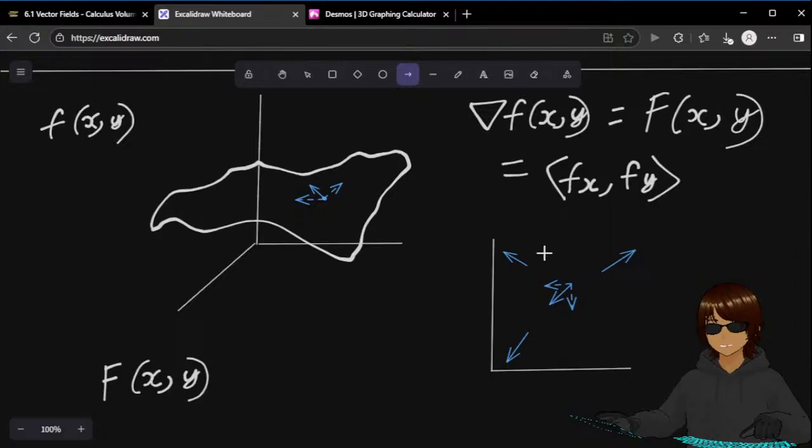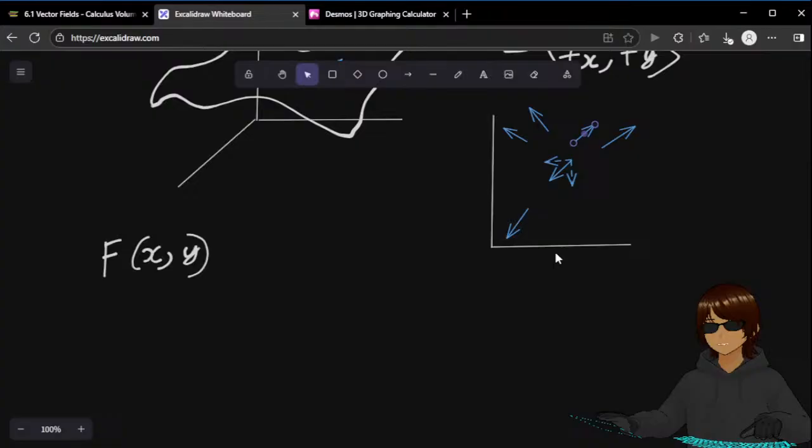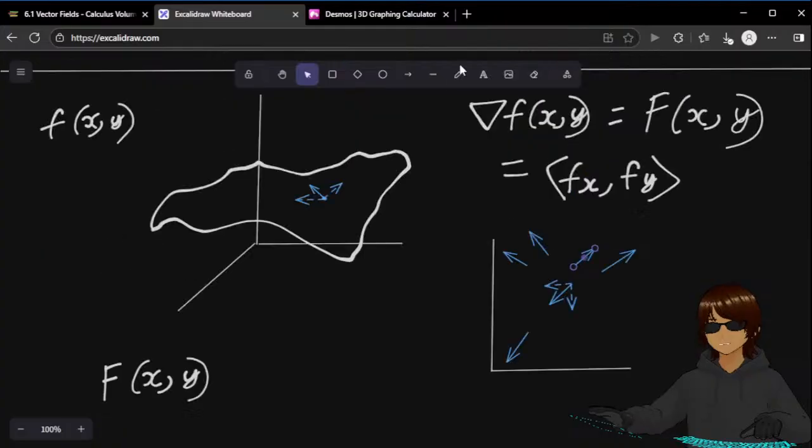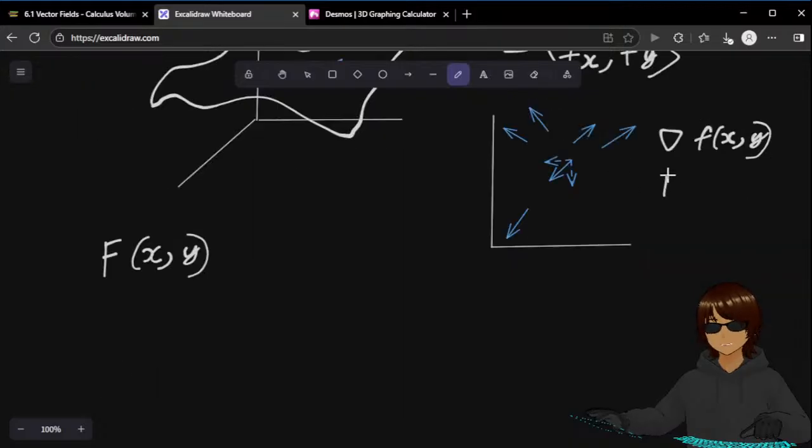Now here's the thing. So this is an example of a vector field. Sometimes it's drawn like this.